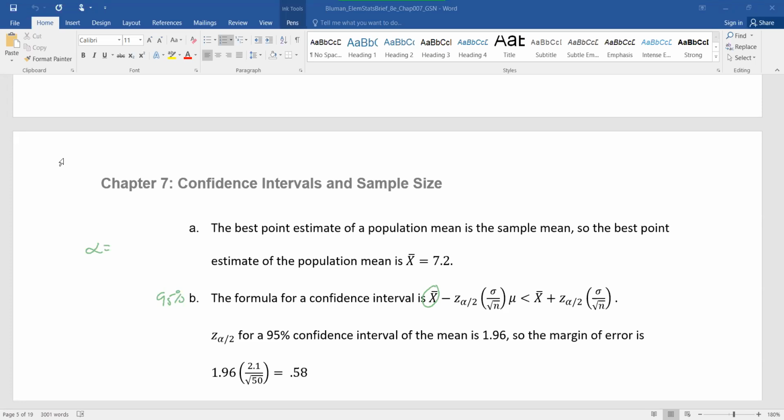What's alpha? It's the leftovers. So it's going to be the 5%. But then alpha divided by 2 gives us the tails, which would be 2.5%.